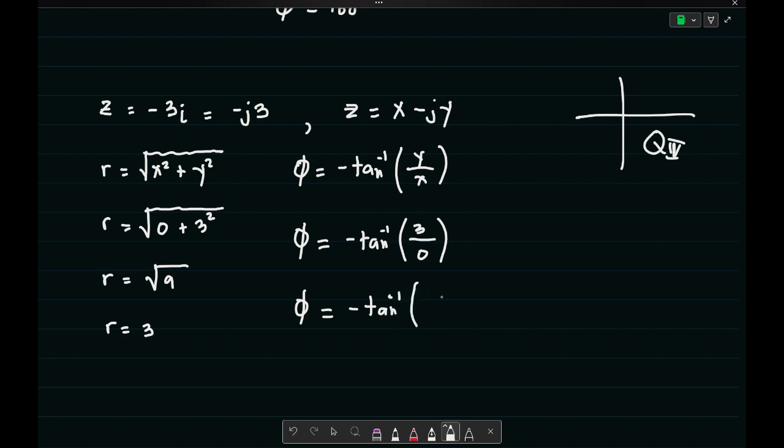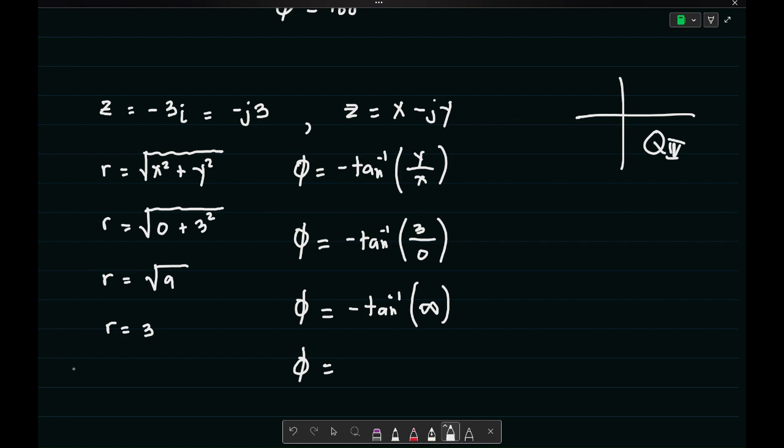That is infinite. What is the negative arctan of an infinite number?